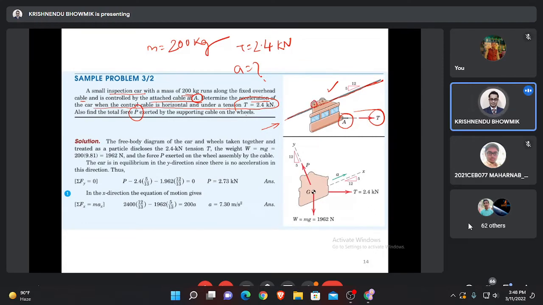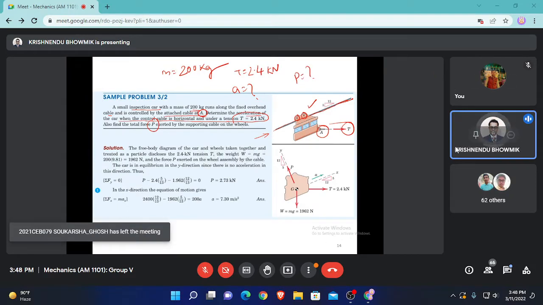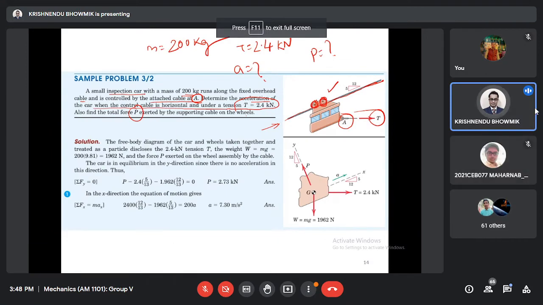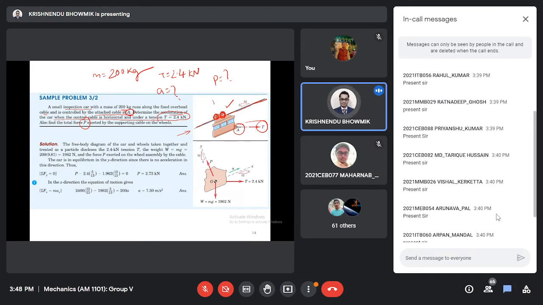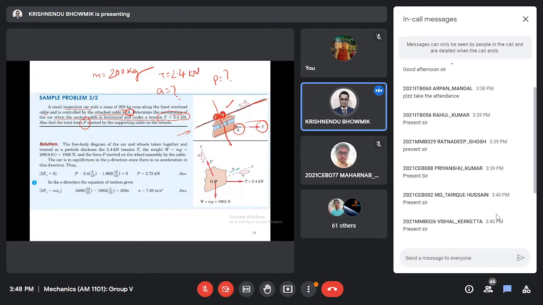Here these are the wheels, and there will be some reaction forces. We have to calculate that. This is nothing but a roller support, and a roller support gives force only along the perpendicular direction.